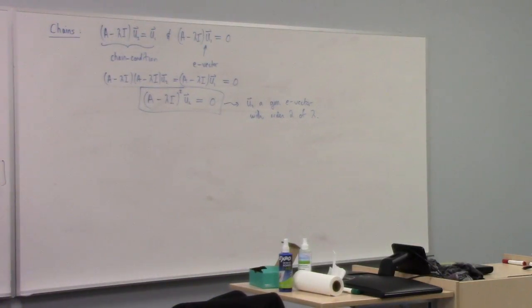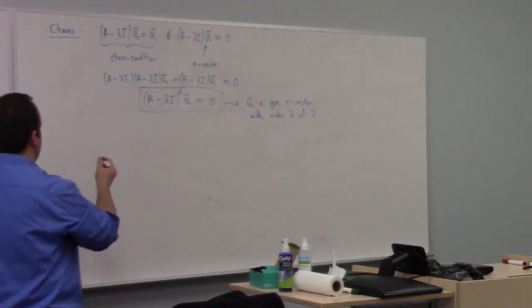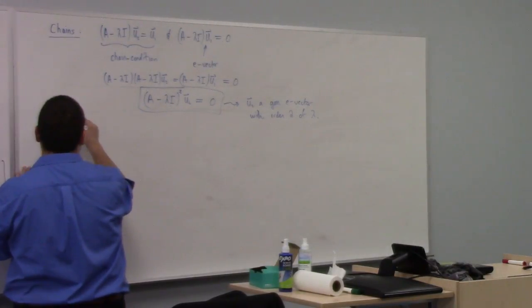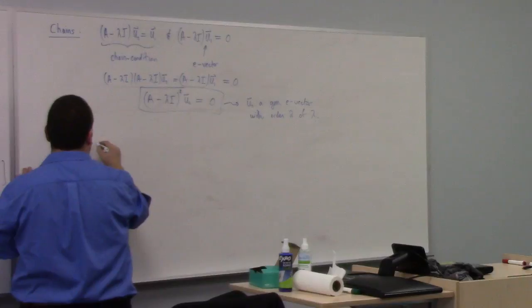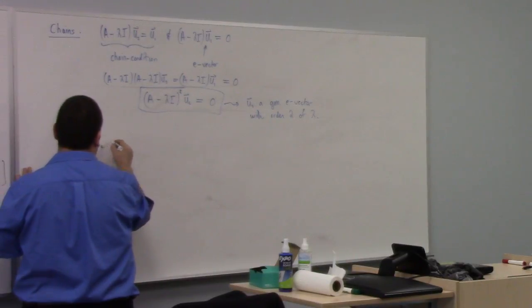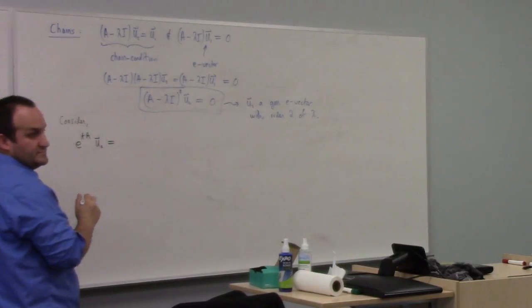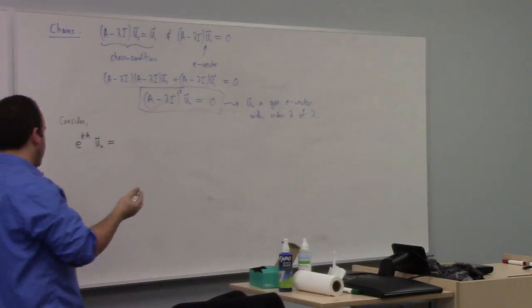So this is the next thing up in the story we're telling. What happens when you hit the matrix exponential, in particular the magic formula, with a generalized eigenvector of order 2? What happens then? Consider e to the tA acting on u2, where u2 is as above. First of all, we write the magic formula.